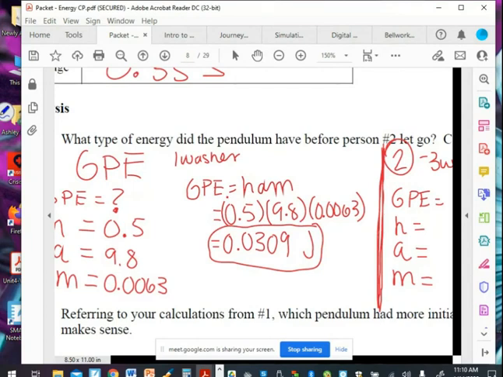Look at how little your mass is, especially compared to kilograms. Another thing that's making this number small is your height. We're usually talking about dropping stuff from at least a couple meters, right? This is only 0.5 meters. So it makes sense that this number is going to be small. A washer dropped from a half a meter stick is not going to have a ton of energy.